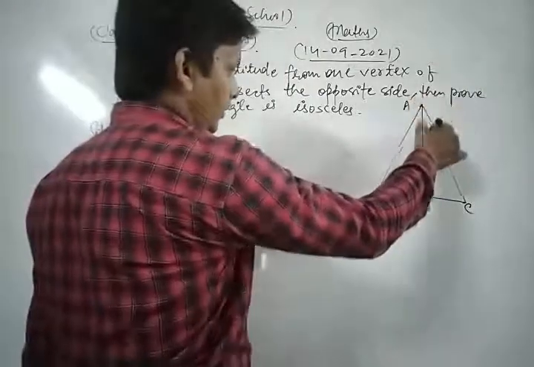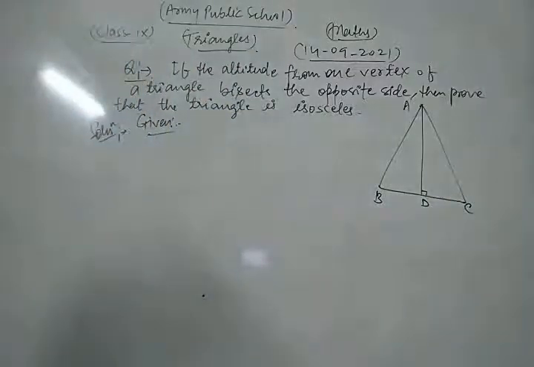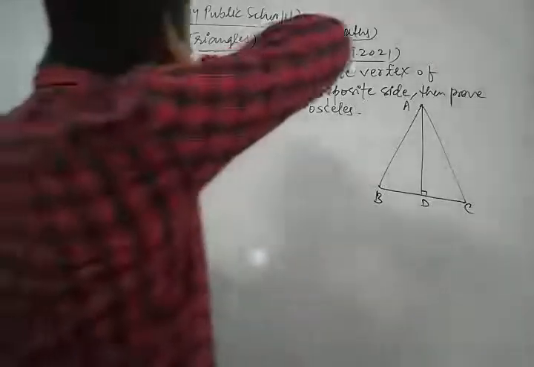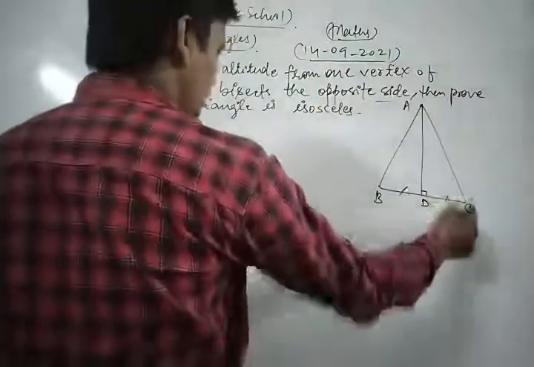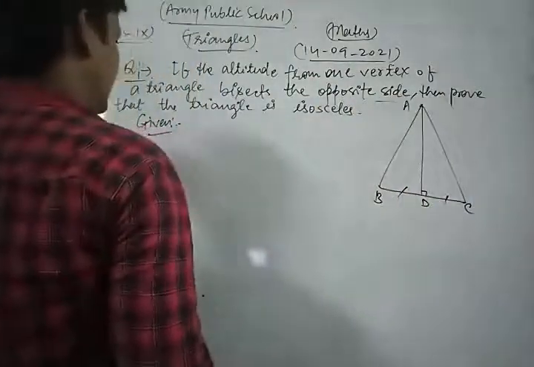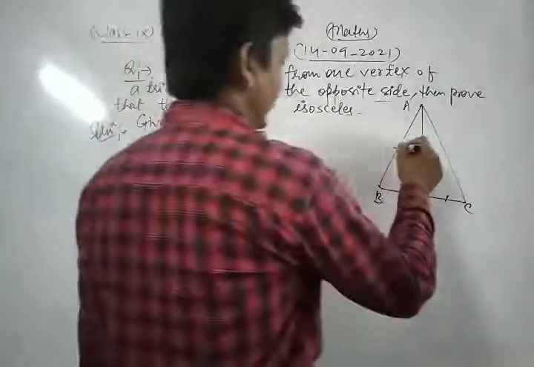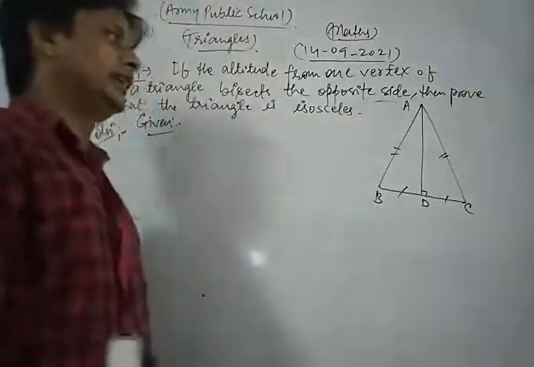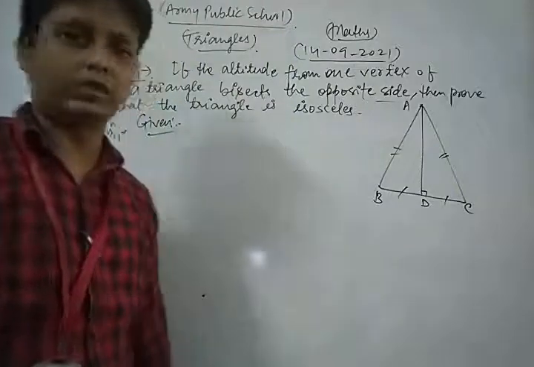We draw AD perpendicular to BC, and if it bisects the opposite side, it means BD is equal to CD. Then we have to show that the triangle is isosceles, meaning we have to show that AB is equal to AC.